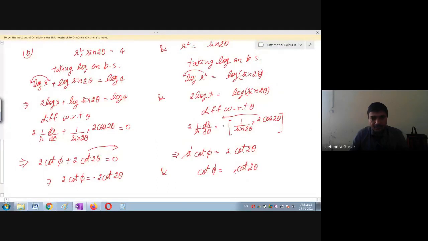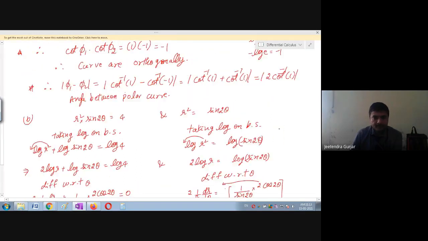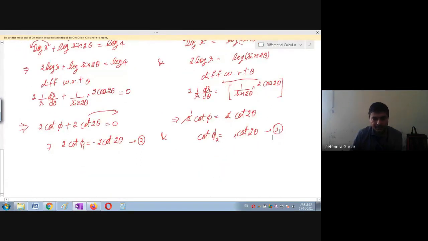See, this 2 I will bring to this side. So 2 and 2 will get cancelled. Cot phi is equal to cot 2 theta. Now I can take this for simplification. I will make this phi 1, and in the second equation phi 2. So this is equation 1 and this is equation 2.